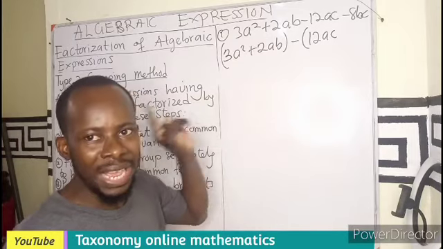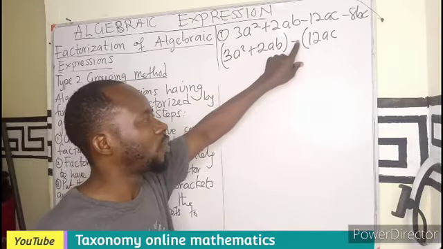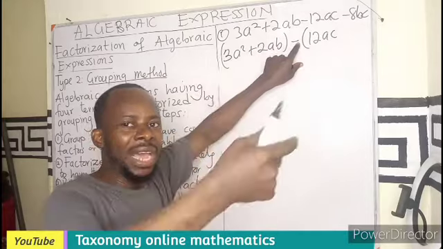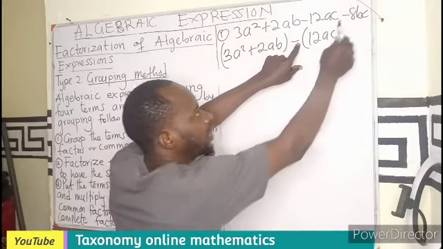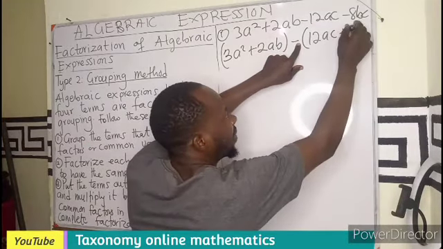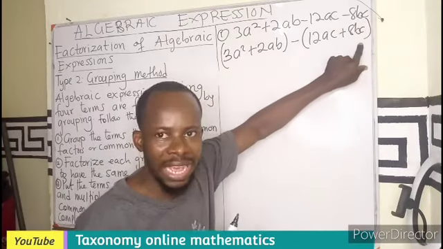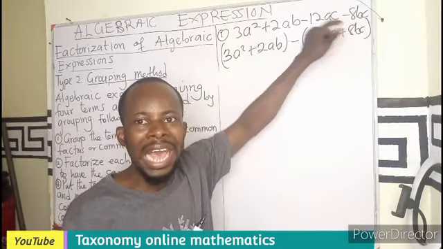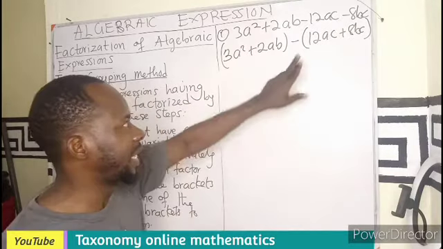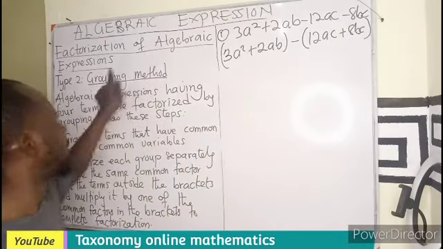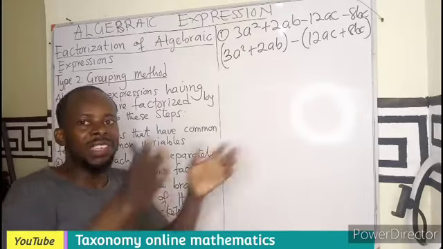Don't forget we are introducing a bracket. We explained that if there is a negative sign in front of a bracket, the sign in the bracket changes. So this is going to be plus 8bc. So that if I open this bracket, I will not change the sign of the question. Don't forget, factorization is the opposite of expansion.